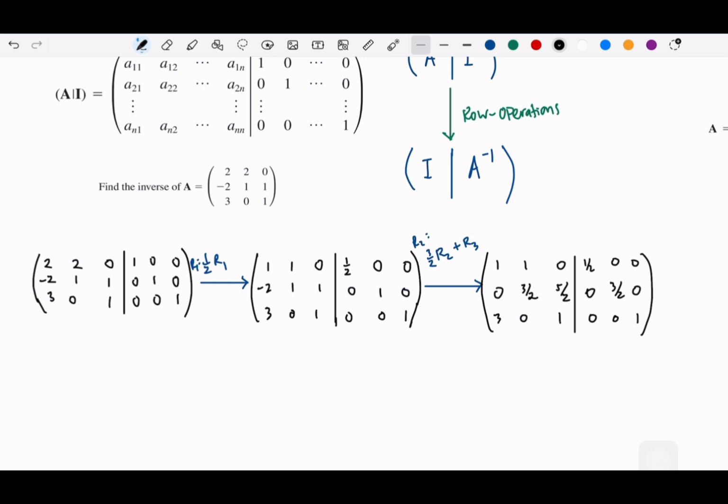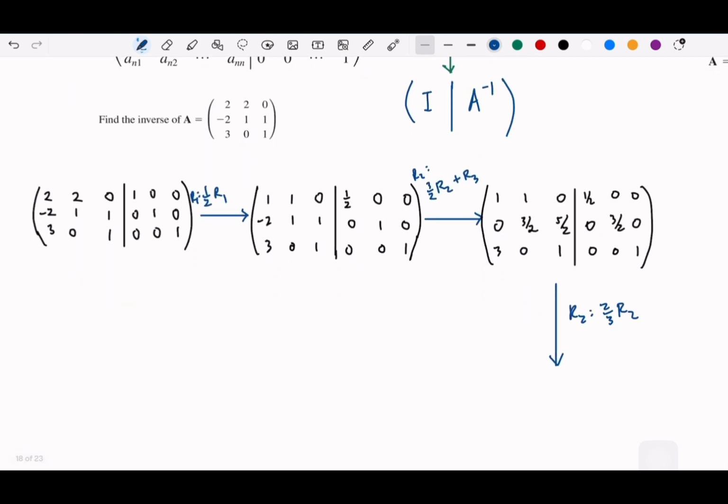What else should we write? Okay, maybe R2 is 2 over 3 R2. And the new R1, we can multiply with 3 over 2 minus R2, right, to make it 0.